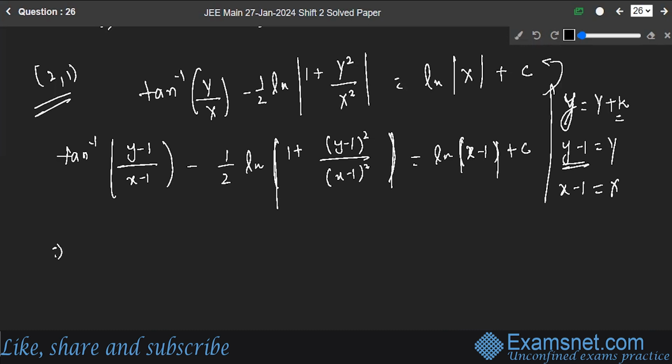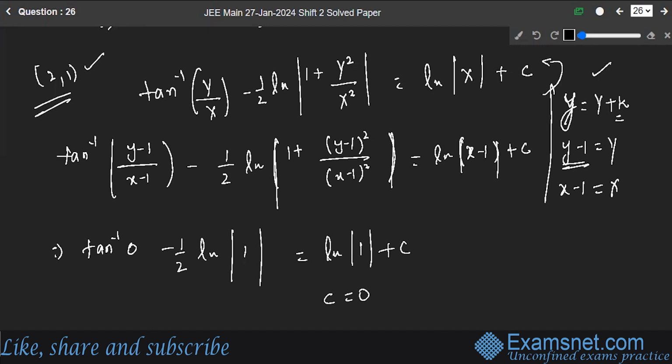All right. So now for the point (2, 1), let's fill in 2, 1. This will be tangent inverse 0, that is 0, minus half log of, again, you will have log 1. This is equal to log of 1 plus c. So that makes 0, c is equal to 0.